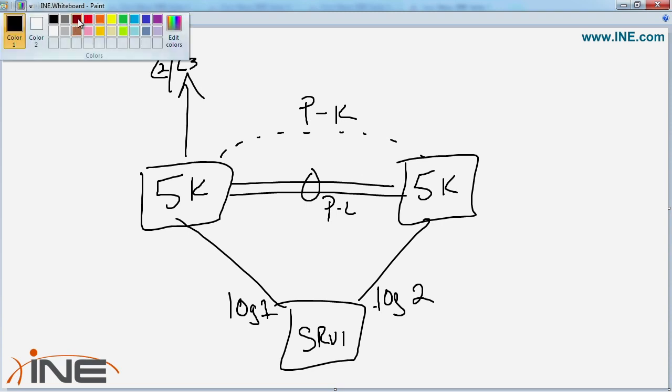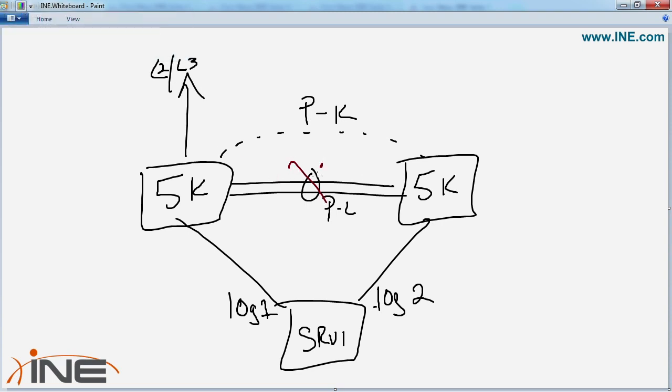We have the link cut, or there's some sort of communication problem on the peer link. The device on the left is the primary. The device on the right is the secondary. The secondary says the peer link went down, but the keep alive is still okay. So this means that I have to temporarily disable my VPC member ports.